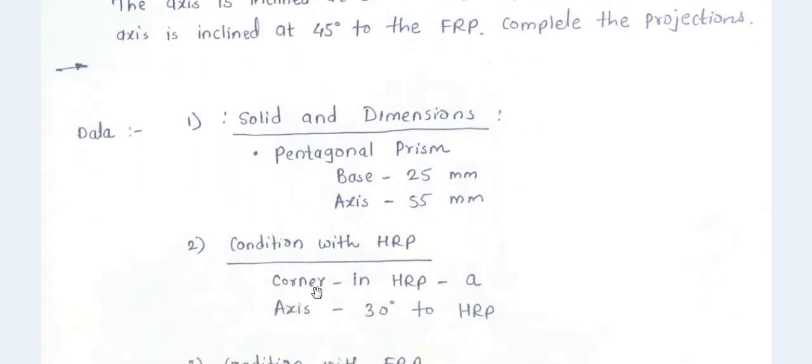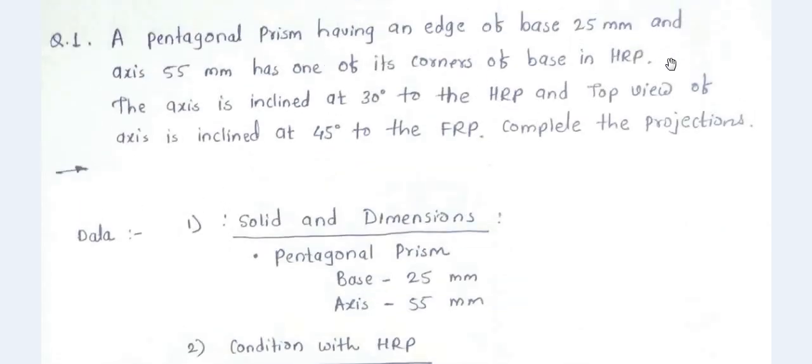This is the first condition. So corner in HRP, and we specify which corner will be in HRP at this point itself. So we have decided that we will keep point A of the lower base in HRP.